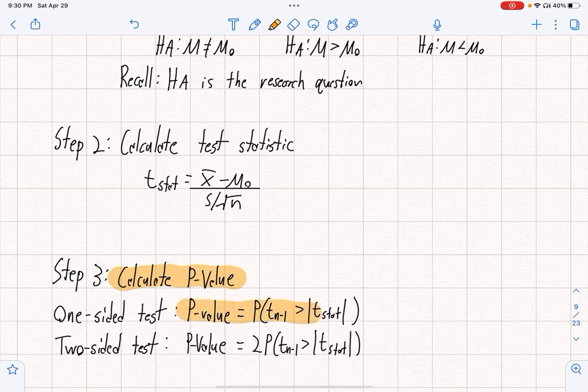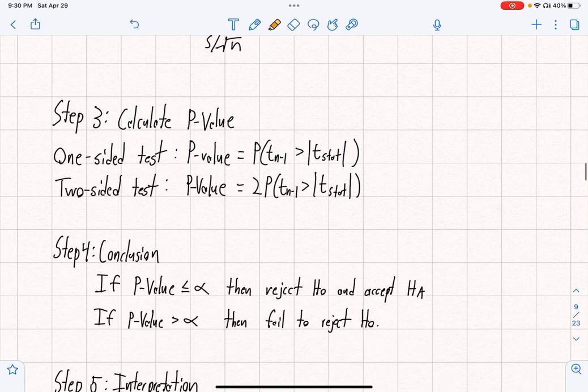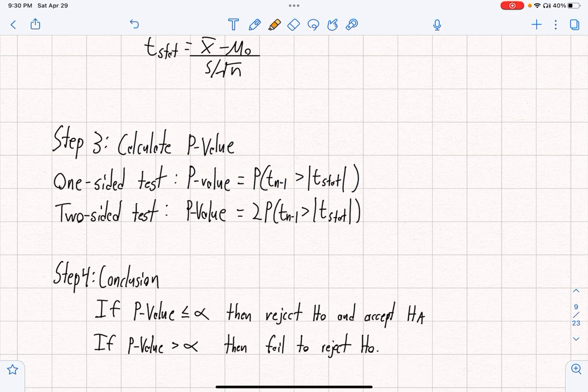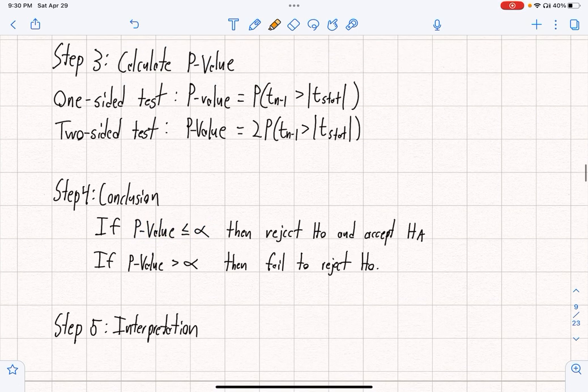So it's either this for a one-sided test or this for a two-sided test. Step 4, make a conclusion. Well, our rule was that if the p-value is less than or equal to alpha, we reject H naught, but if the p-value is bigger than alpha, then we fail to reject H naught. And then step 5 is unchanged. It is our interpretation.